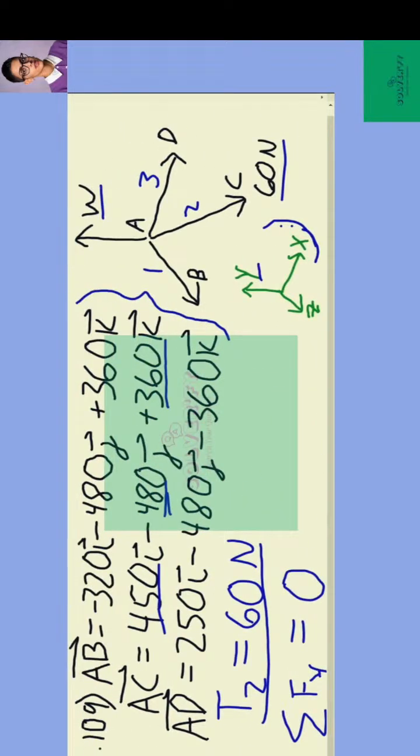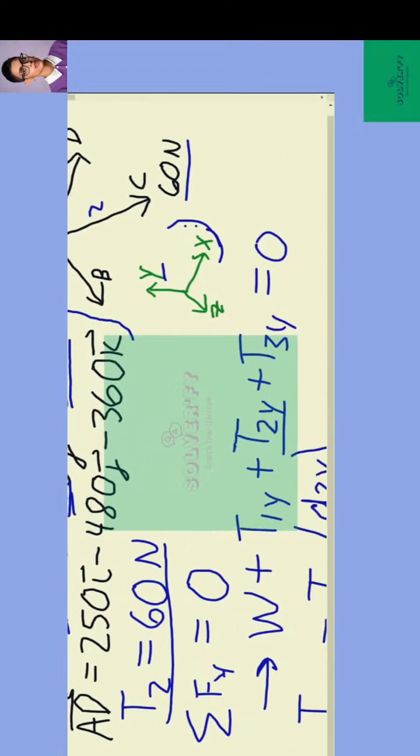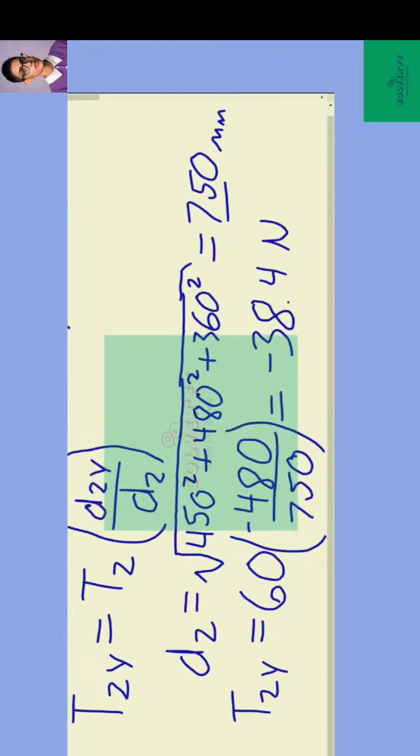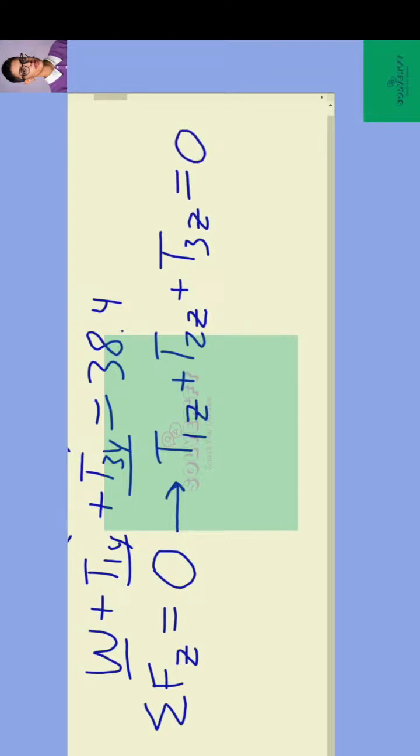We will not have W this time because that is only acting in the Y direction, but we will have the Z component of the tension in each of the three cables. So that gives us T1Z plus T2Z plus T3Z equals 0.